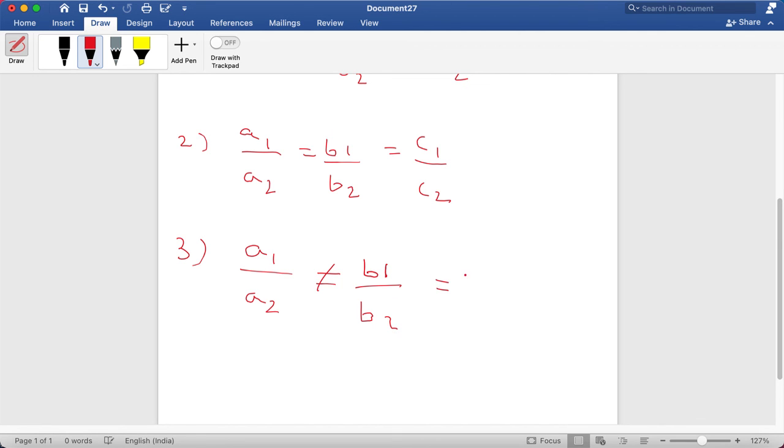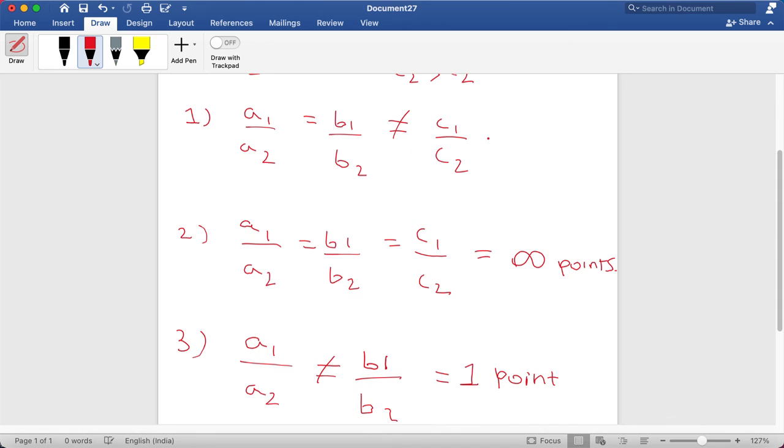So they intersect at one point, and when all three are equal, they intersect at infinite number of solution points. So infinite points. And now when a1 by a2 is equal to b1 by b2, which is not equal to c1 by c2, there is zero solution points.